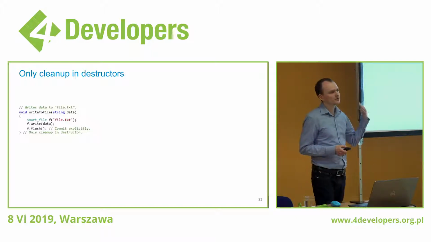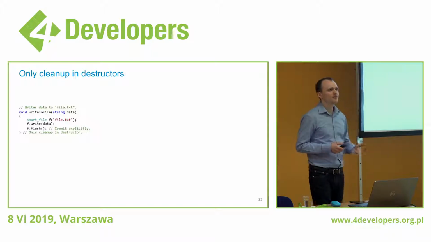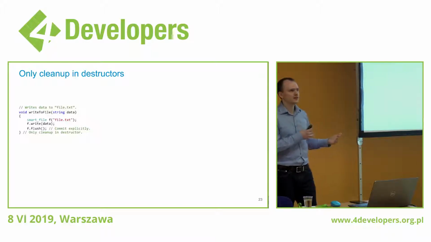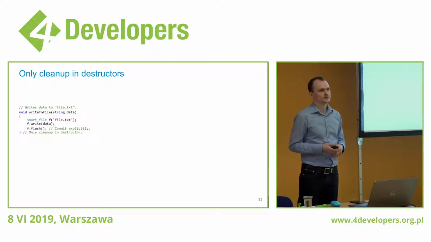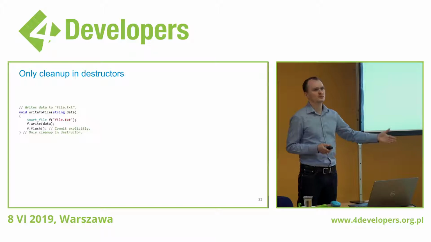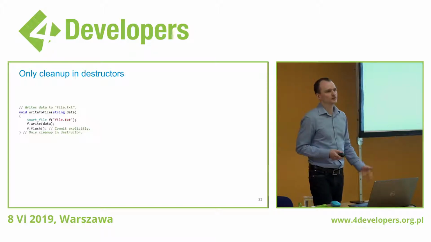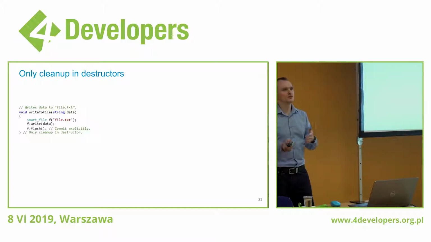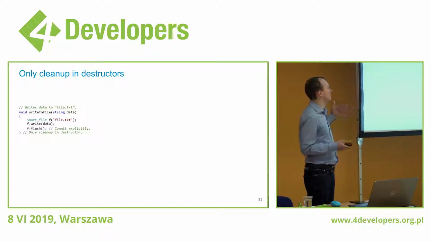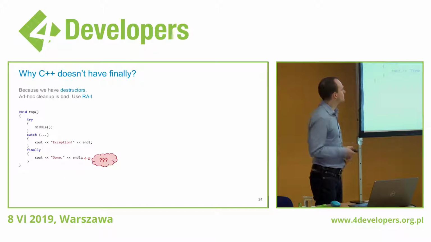Now, if the cleanup failed, then it only means that we have some resource leak, but a resource leak that we cannot do anything about anyway, because we tried, and trying it again doesn't make sense. It's just the universe preventing us from doing the right thing, but we cannot do anything about it.